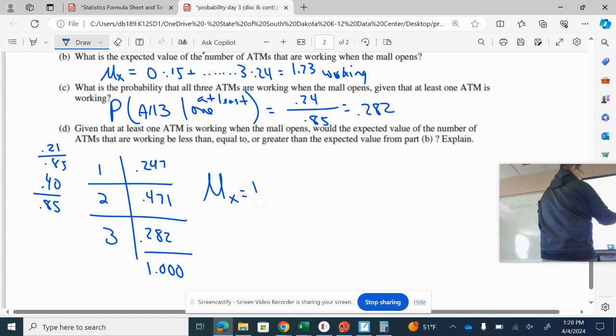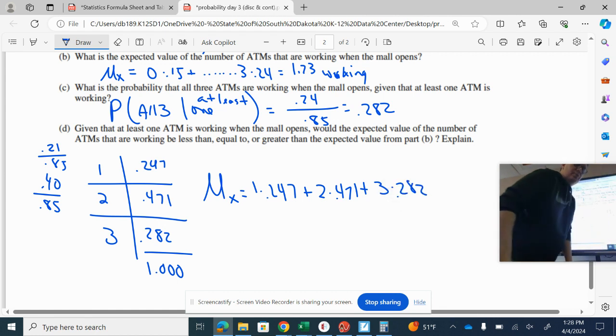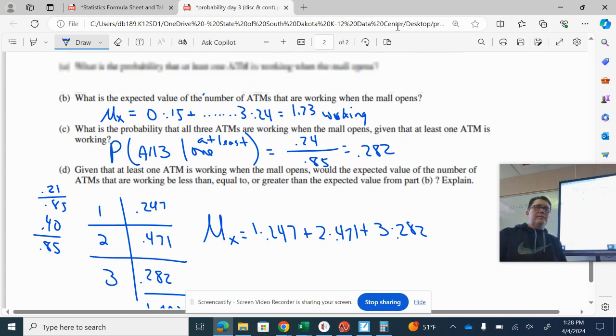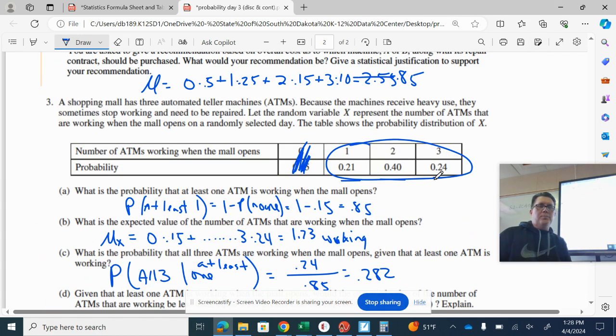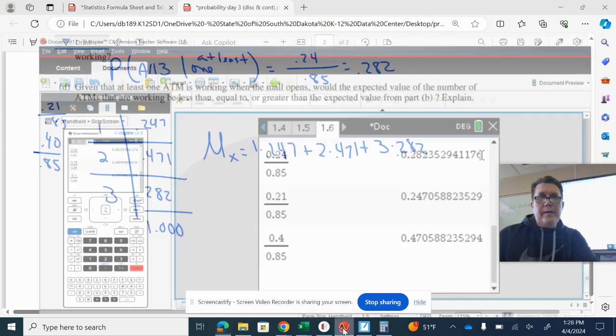So here we're going to take 1 times 0.247 plus 2 times 0.471 plus 3 times 0.282. A lot of students right away would mess up and only put these in, and you're going to get the same exact expected value because 0 times this isn't going to help.